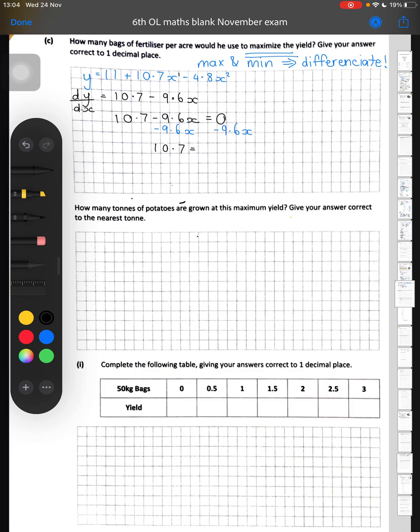So I have 10.7 is equal to 9.6x. Now I don't want what 9.6x is, I want what x is, so I'm going to divide by 9.6 on both sides.